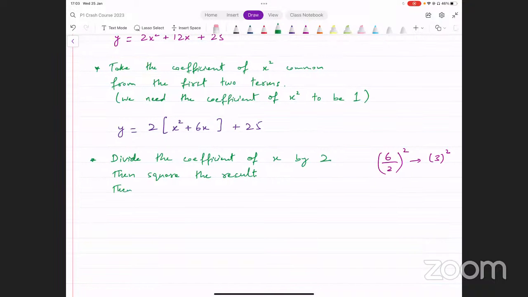The third thing you do is you add and also subtract this number inside the bracket.